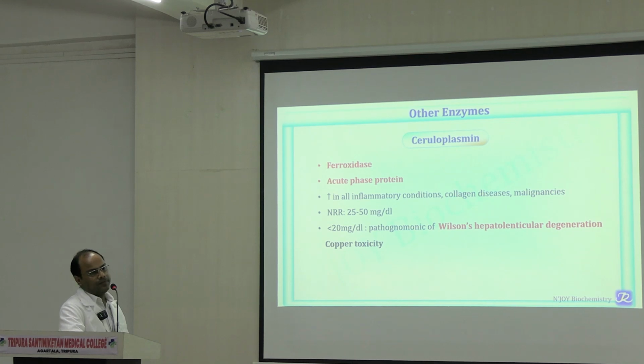Wilson disease you will read in medicine or pediatrics classes. Just remember the name Wilson's disease, hepatolenticular disease. Copper may accumulate in the eye lenses. You can find the KF ring, Kayser-Fleischer ring. Just remember KF ring.